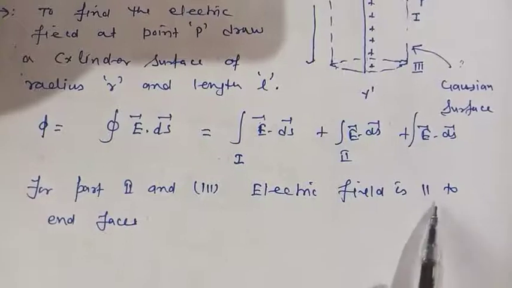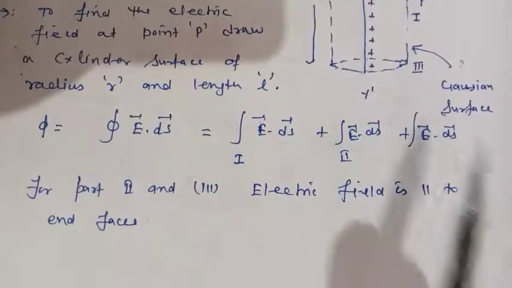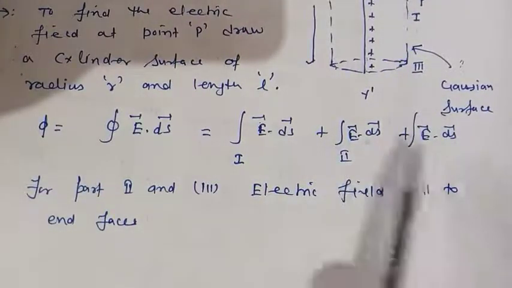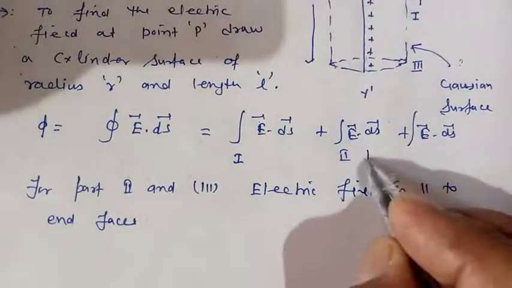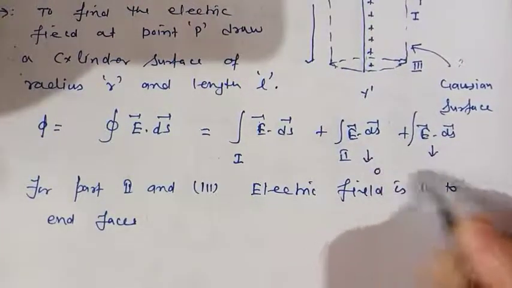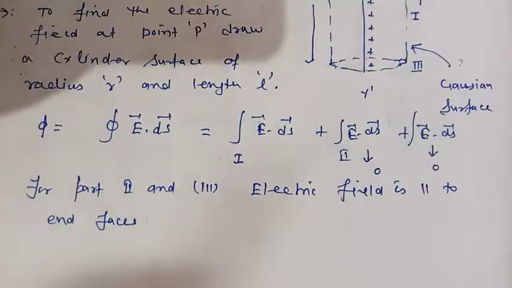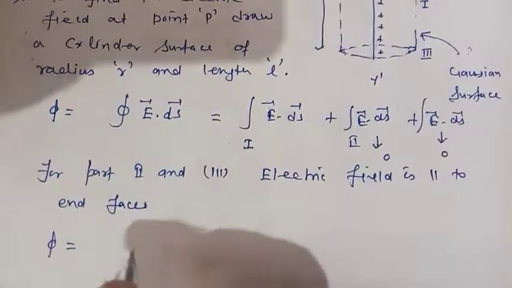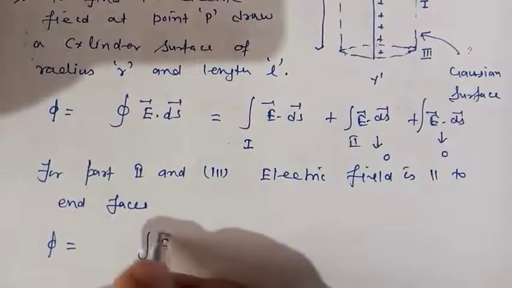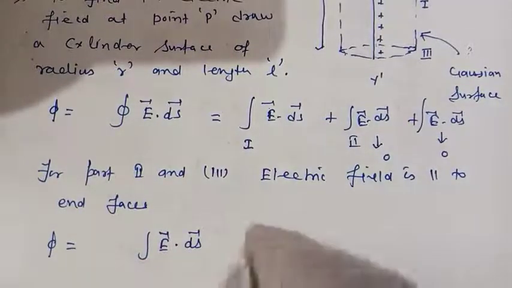If electric field is parallel, right, so electric flux will be 0. Means to say, in this face and in this face, electric flux will be 0. So now the electric flux will be only for the first part, E dot ds.